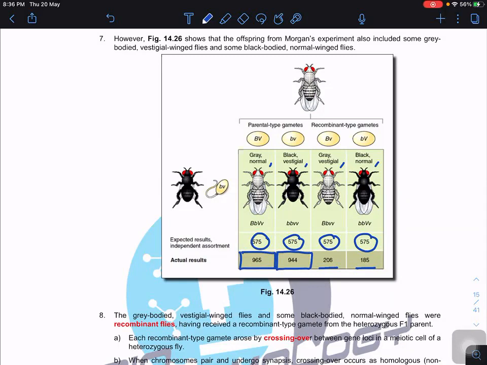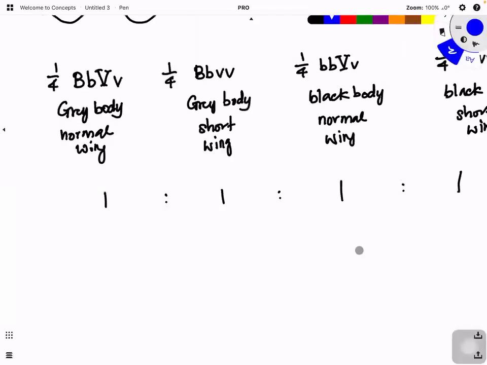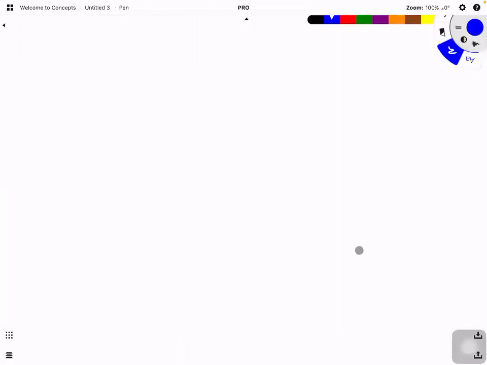So let us look at what happens if independent assortment does not take place. So the entire story begins again. If both of them are linked, then we have to use a special way to write it. First I cross my parental generation.